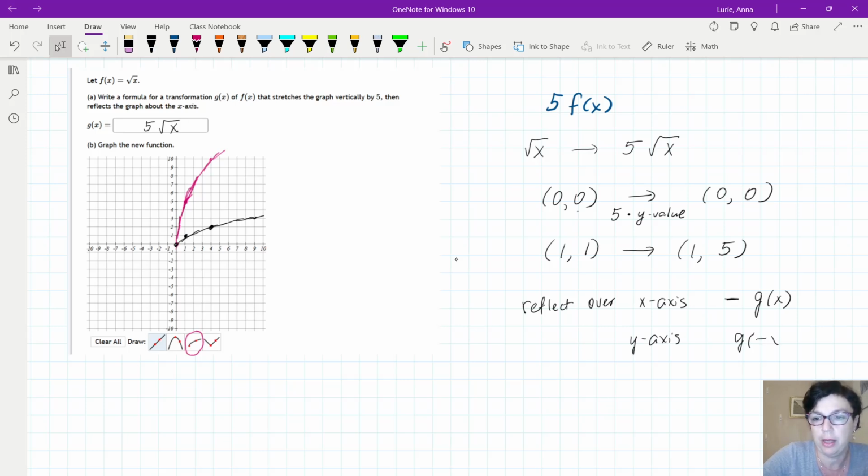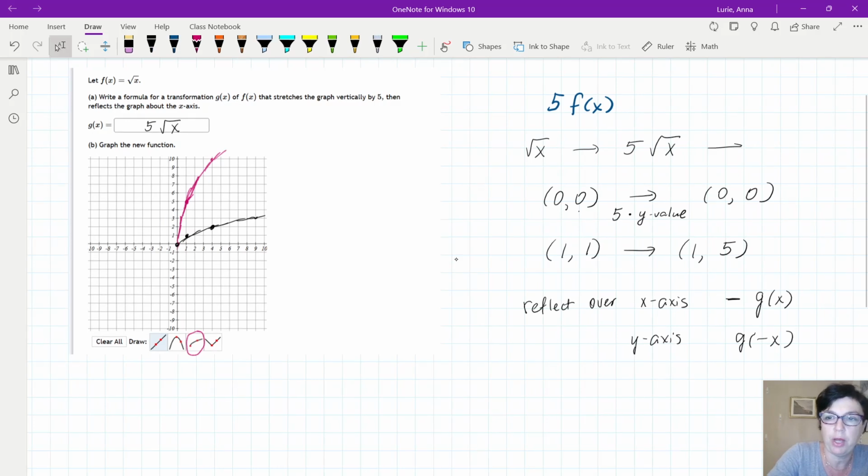But in this case, we want to reflect over the x-axis. So it just means that we are attaching a minus in front of our function. And what effect is that going to have? Well, for each point, it's going to make the y value negative, not the x value. The x value doesn't change, but the y value becomes negative.